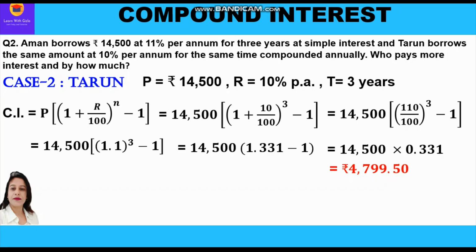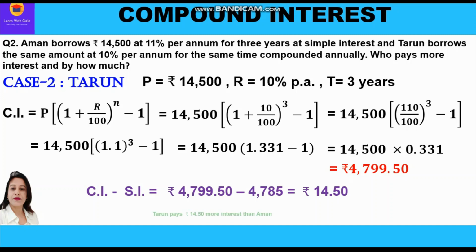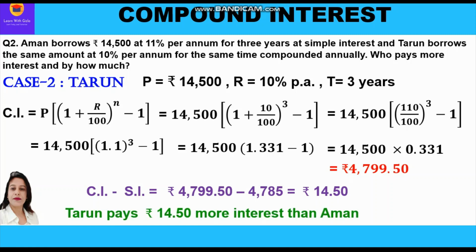Further we have to find out by how much Tarun is paying more. So we find the difference between compound interest and simple interest, that is 4,799.50 minus 4,785, which is equal to rupees 14.50. So we can say Tarun pays rupees 14.50 more interest than Aman.